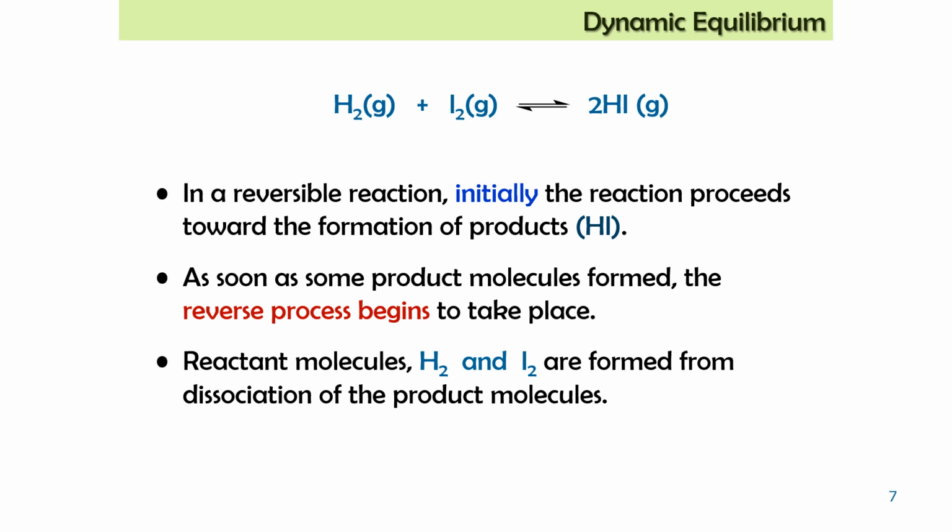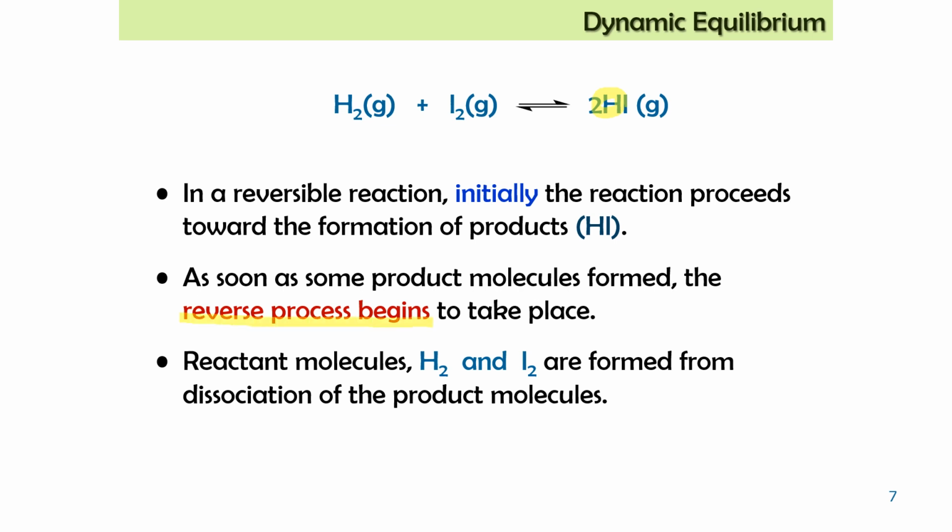Okay, so in a reversible reaction, initially the reaction proceed to form hydrogen iodide as I explained before. As soon as some of the product molecule form, and then bila dah terhasil beberapa hydrogen iodide, barulah boleh berlaku reverse process.